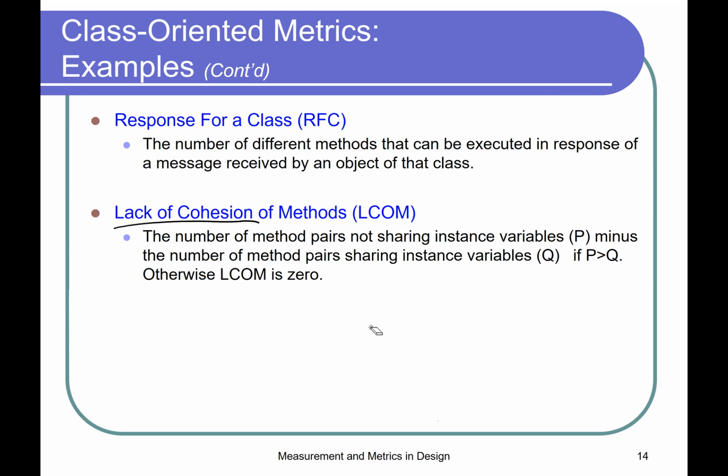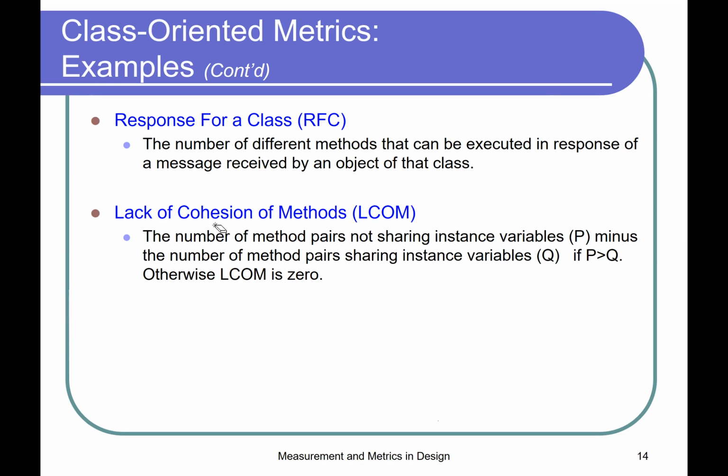A 0 lack of cohesion means that there's actually high cohesion. So a 0 lacking of cohesion is actually a good thing. Whereas if I have a high number, let's just say 100, so I have 100 of that lacking of the cohesion, that's not a good thing.